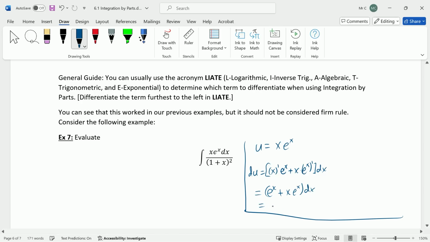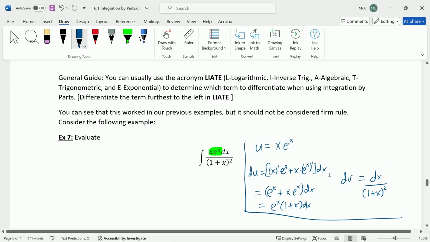And then I can factor out my e to the x and get 1 plus x dx. But that means dv, right? If u is x e to the x, dv needs to be everything else. That's the dx over 1 plus x squared.